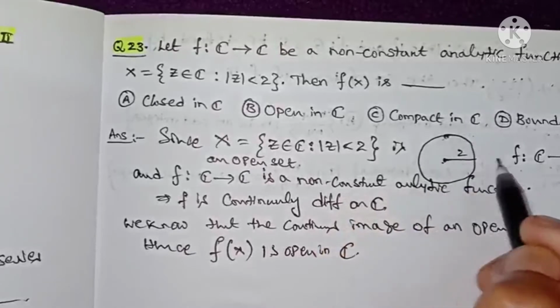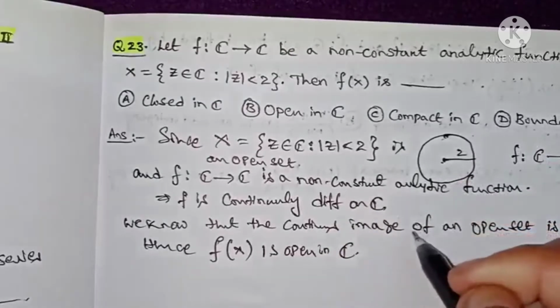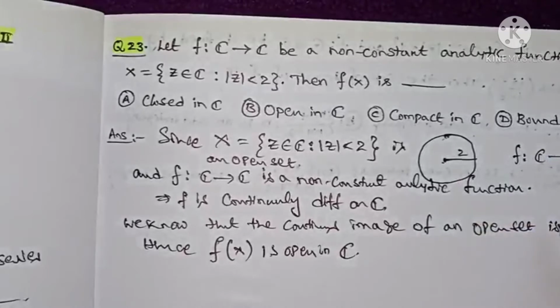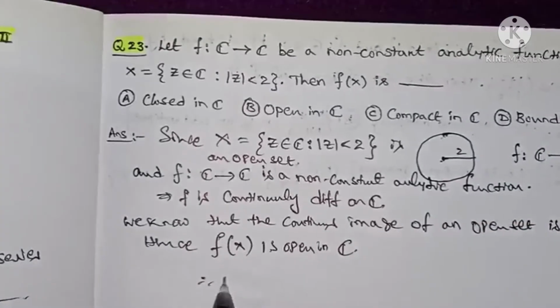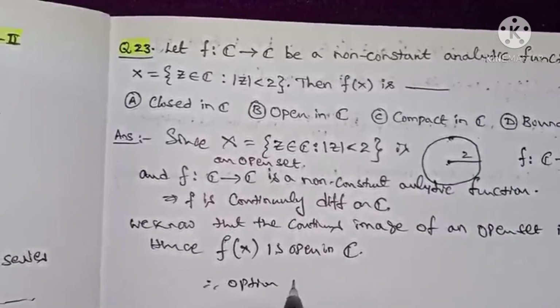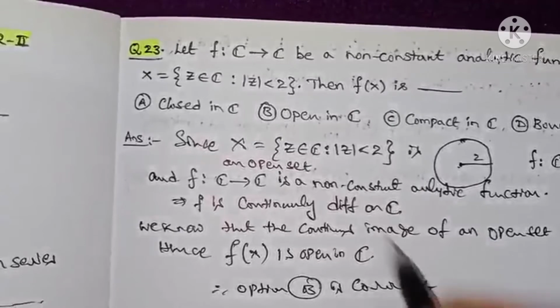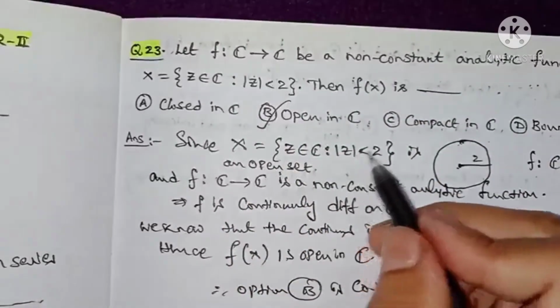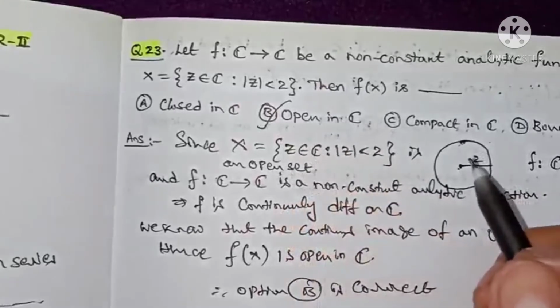So continuous image of an open set is open, so clearly f of X is open in C. Therefore option number B is correct. Is it clear? Option number B is correct because here f of X is open in C.